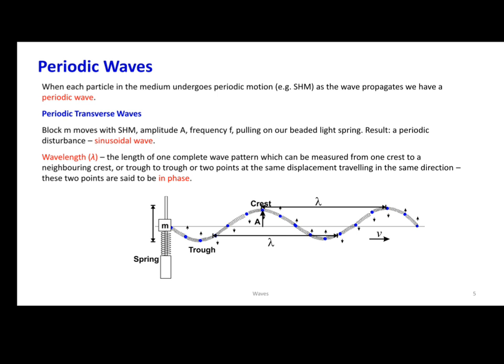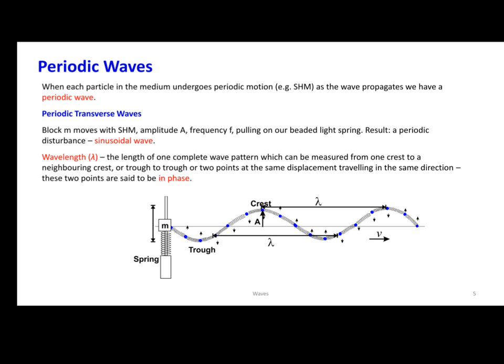Now for periodic waves, this is basically where you've got something going up and down and it's continuously sending a pulse through. So you end up having this sinusoidal shape, which is a traditional wave shape. The periodic transverse wave, which is what we've got illustrated here, is moving up and down, and the energy moves through this system.